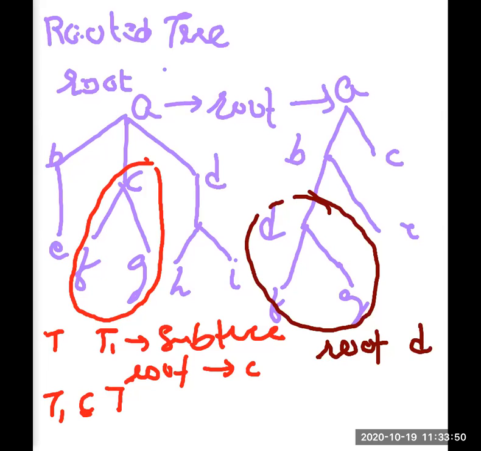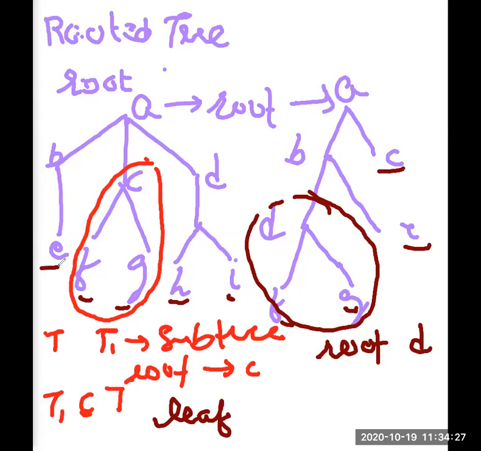Now there are a few more important aspects that I want to highlight here. The vertices like E, F, G, H, and I, or here F, G, E, C, are called leaf vertices, or they're also called terminal vertices.